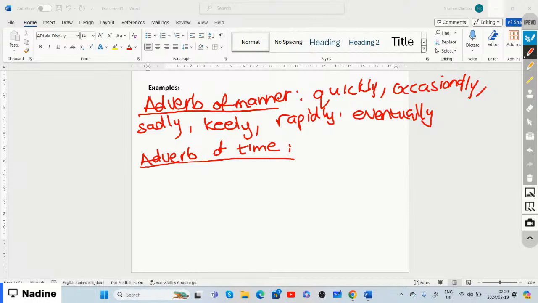And then we have adverbs of place. We said it basically tells us where something happened or where the action is being mentioned, right? And we can use words, for example, like year, outside, whenever, and wherever.